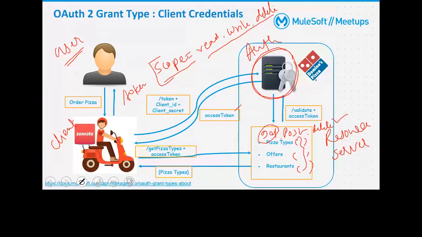Ashish, there is one question from Suresh. He's asking, is there any security violation or issue if we use the same token to call different APIs? It depends on whether all those API calls go to the same server.